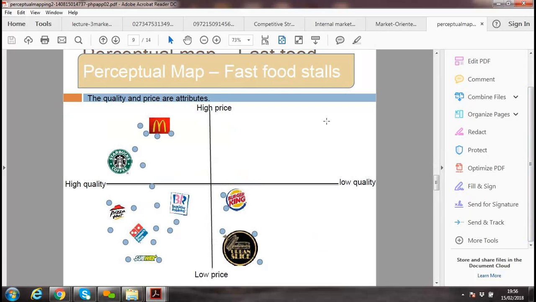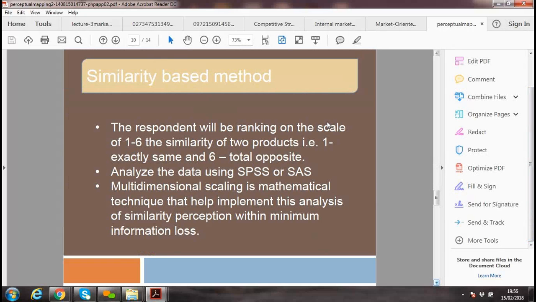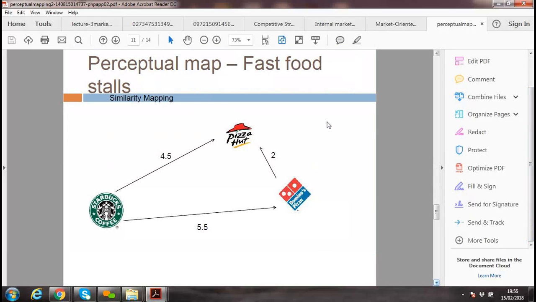Some people perceive Burger King and various others as low quality and low price. So these are the perceptual maps we can show for our product based on our research. We can use different methods. In a perceptual map of fast foods, these are similar.